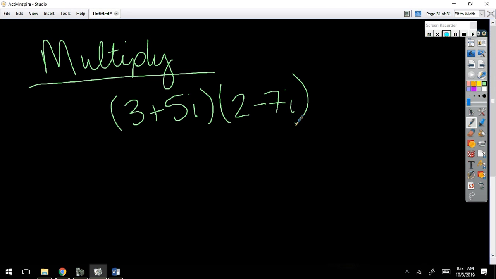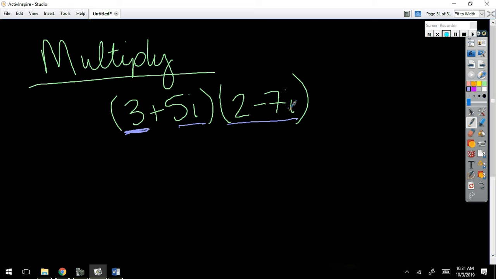And yes, you are right, this is a FOIL problem. I'm not a big fan of the word FOIL because it only works when you have two binomials, but I like distribute better. This term has to multiply to everything in this parentheses, then this term has to multiply to everything in this parentheses. If I had another one, I'd keep going distributing through.